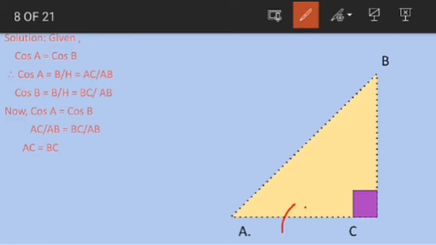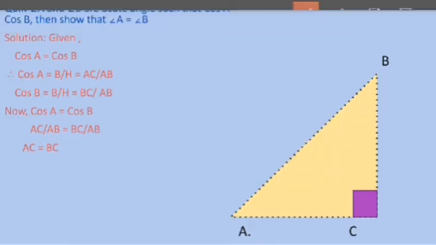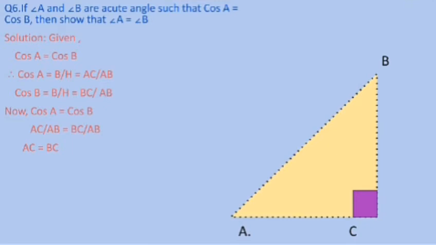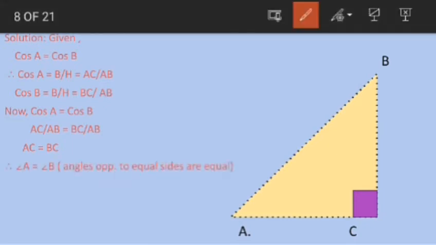That means the side AC is equal to BC. Okay class, remember we have found that AC is equal to BC. It means this side and this side both are equal. Therefore, coming back to the question, since both sides are equal, angle A and angle B are also going to be equal.